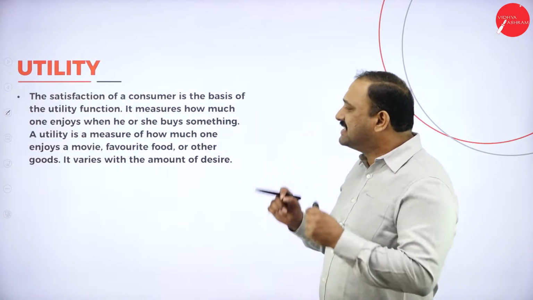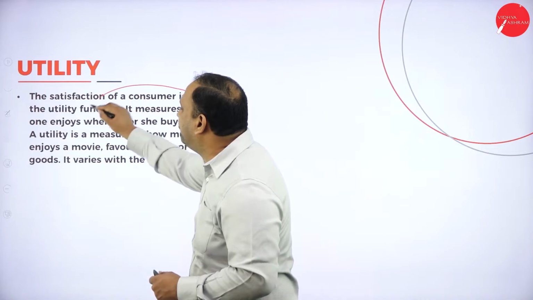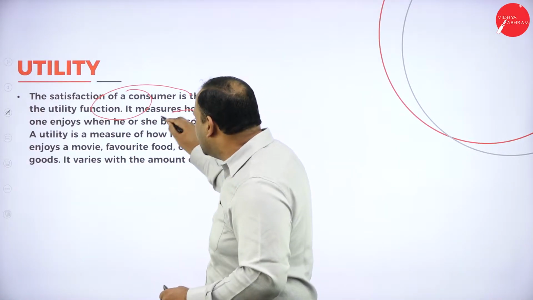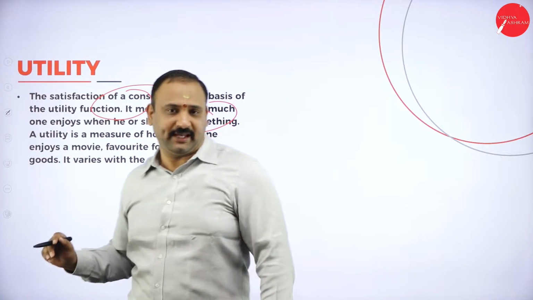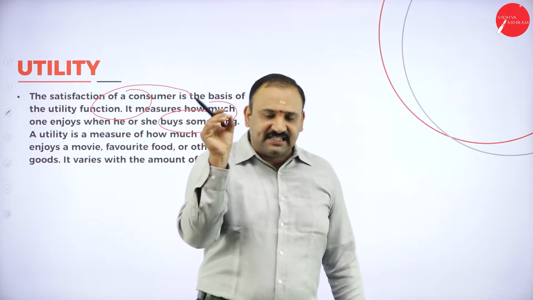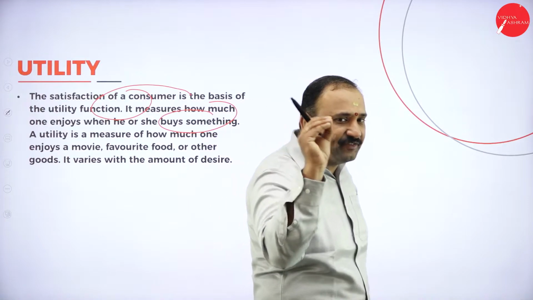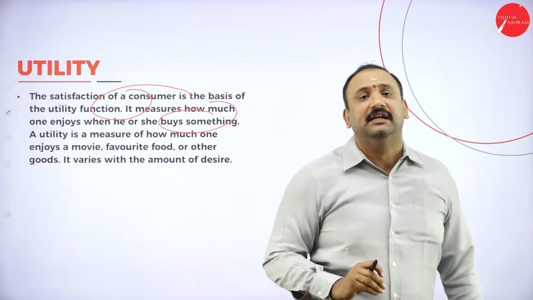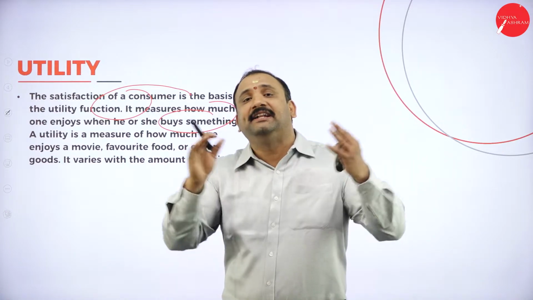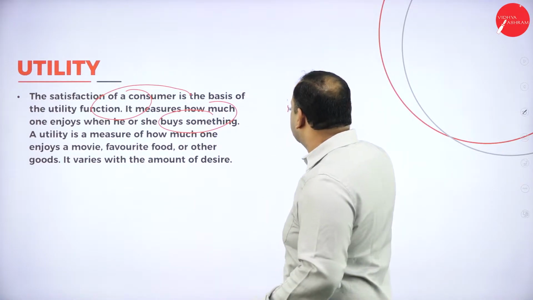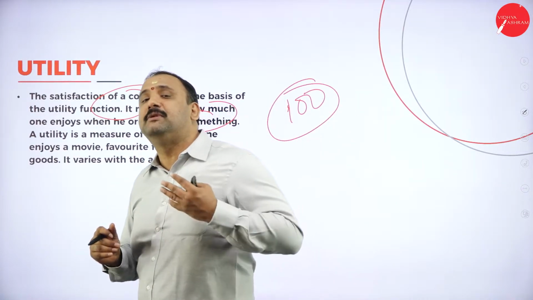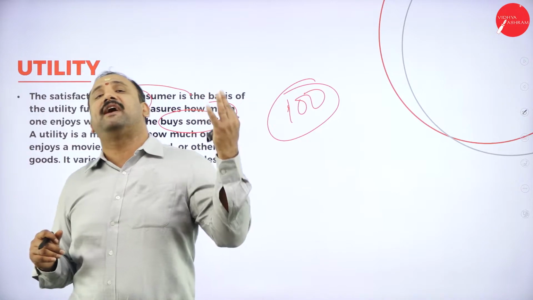Moving further, the satisfaction of the consumer is the basis of this. It measures how much one person enjoys when they buy something. So let us understand, satisfaction is everything in terms of consumer behavior. The consumer might buy n number of products. Let's say that he buys about 100 different types of products. But not all the products will be able to give him satisfaction.